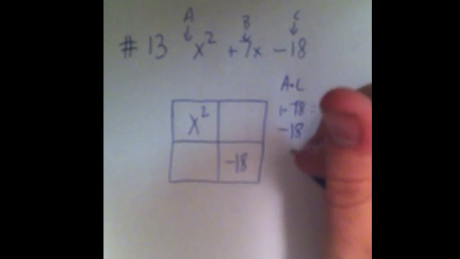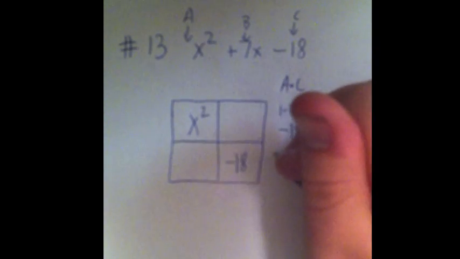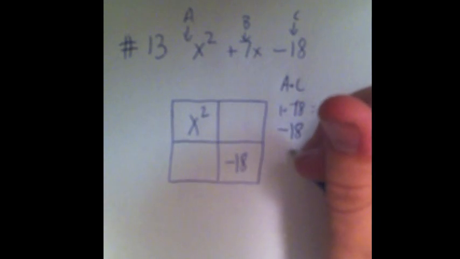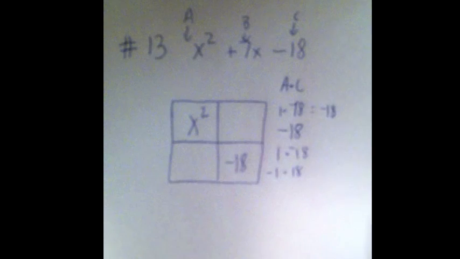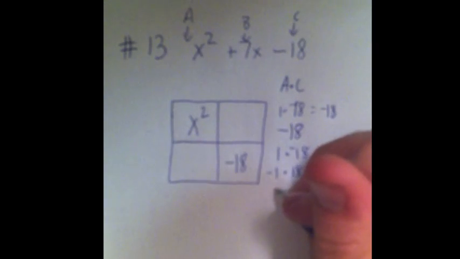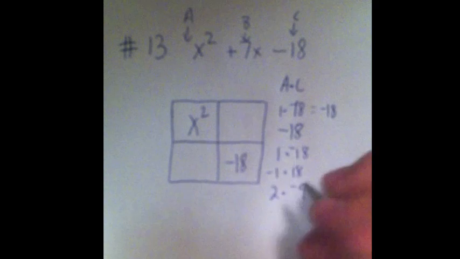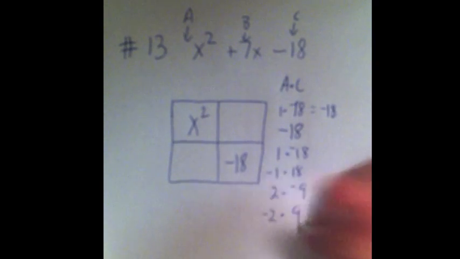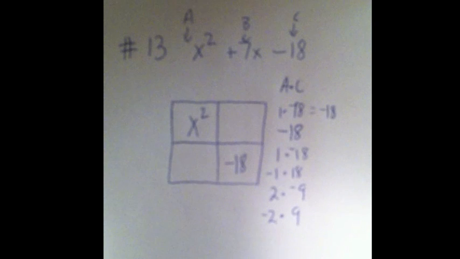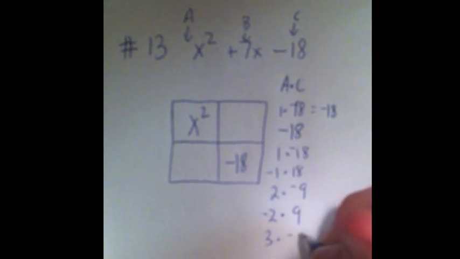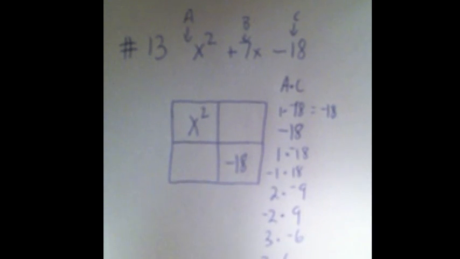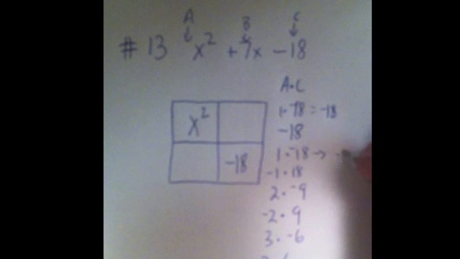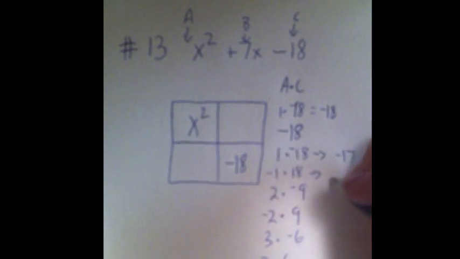So we see negative 18 could be factored as 1 and negative 18, or negative 1 and positive 18, 2 and negative 9, negative 2 and positive 9, 3 and negative 6, or negative 3 and positive 6, which I wrote off the screen, but that's okay because we all know that that will not be our answer.